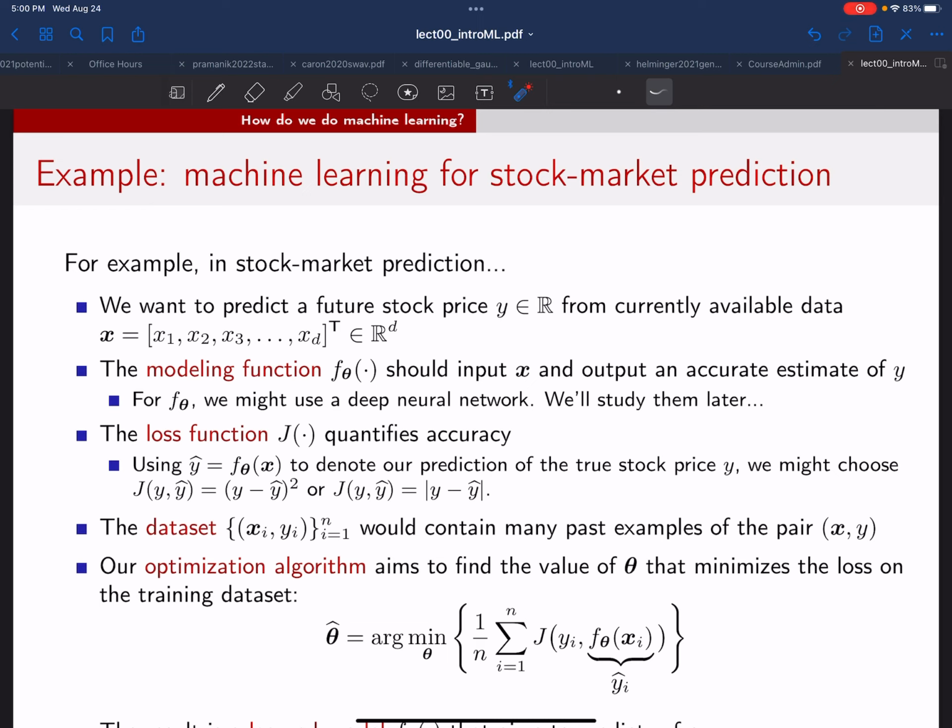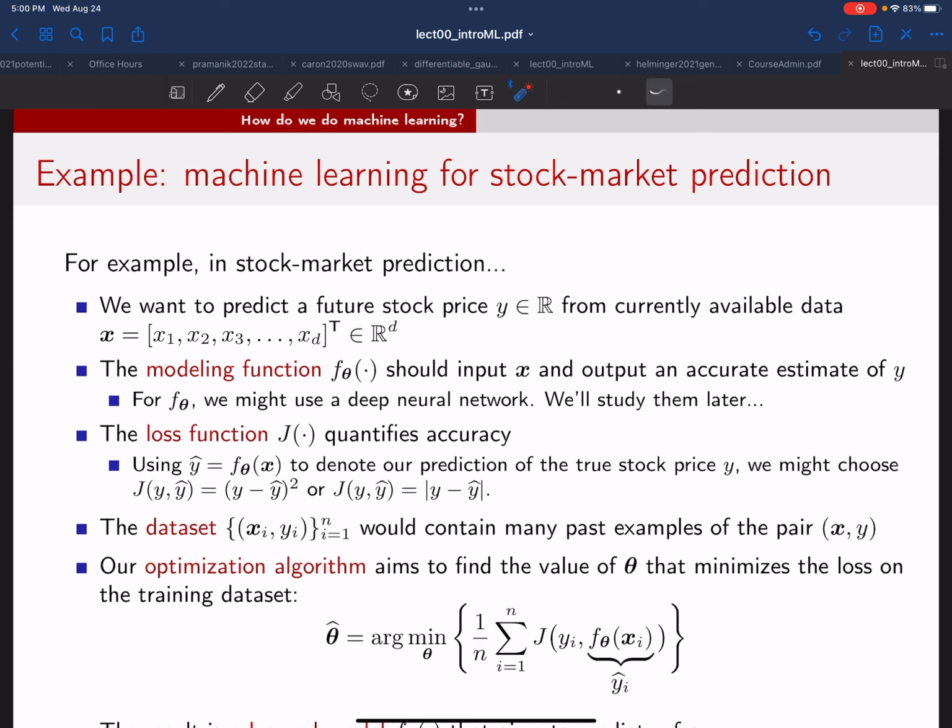The data set, in this case being a supervised machine learning problem, has pairs of input and output. Here it has n different pairs. Each pair is indexed by the integer i. Generally, you want n as large as possible.